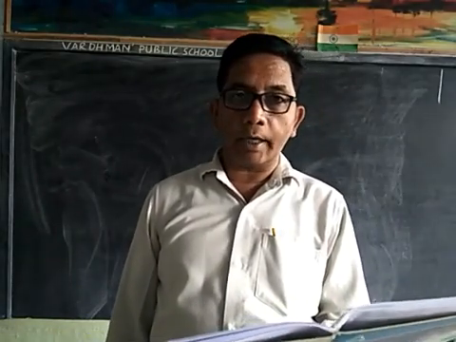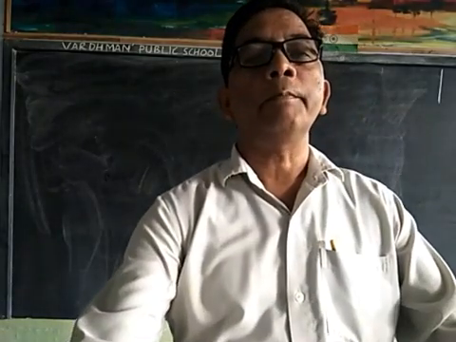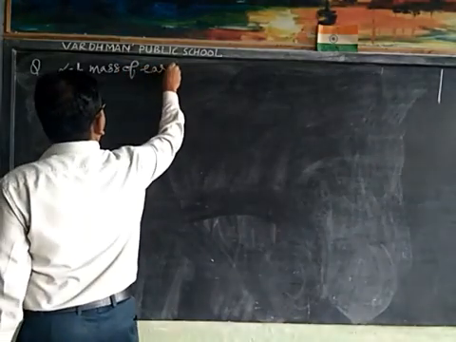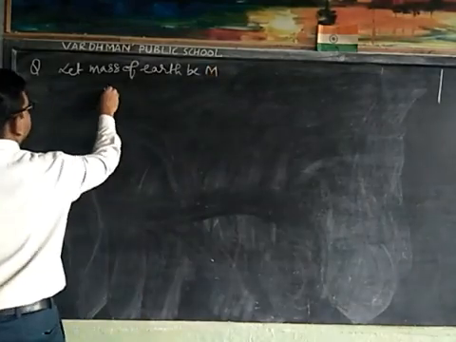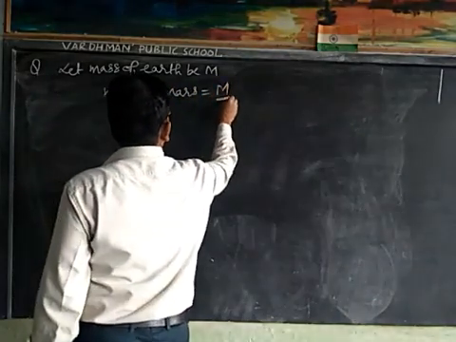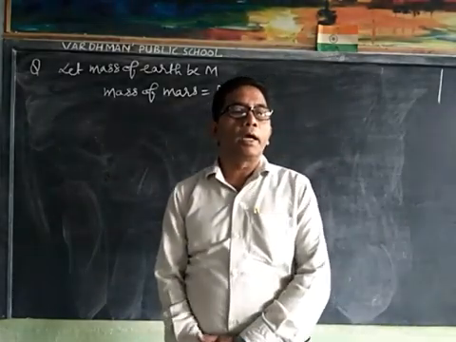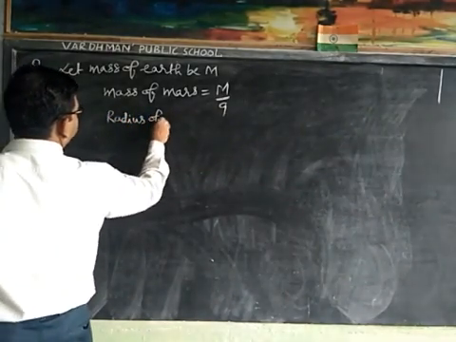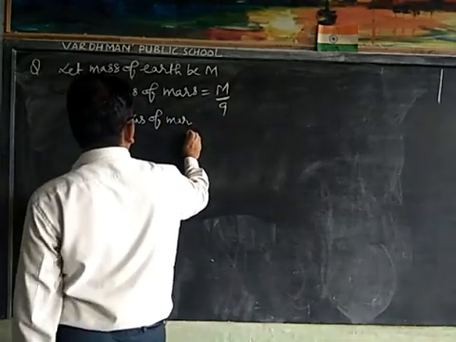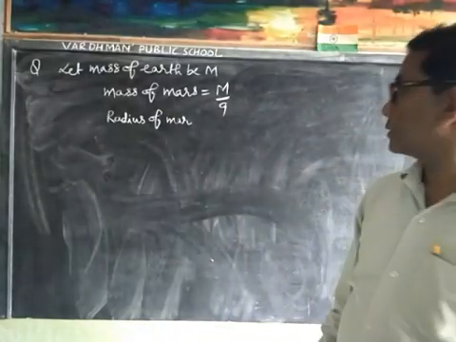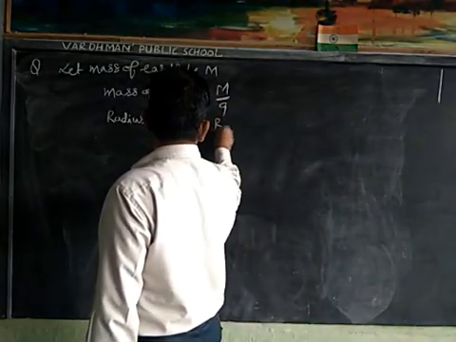Let the mass of the Earth be M. Then the mass of Mars is M by 9, and the radius of Mars is R by 2.